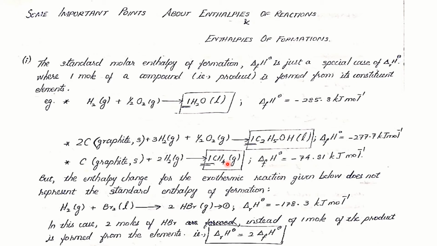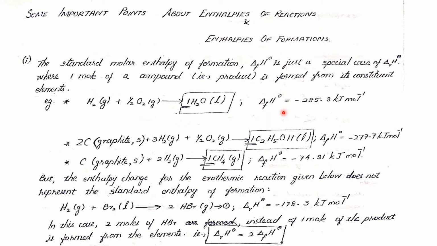For example, hydrogen in the gaseous state reacts with oxygen to produce 1 mole of water. Since 1 mole of water is formed from its constituent elements which are in their reference states, we write the enthalpy change associated with the reaction not as standard enthalpy of reaction but as standard enthalpy of formation.